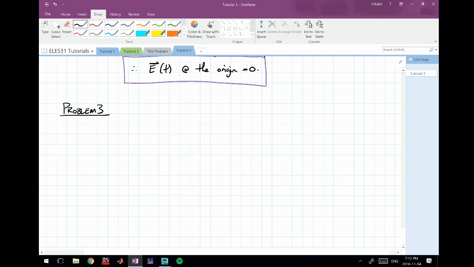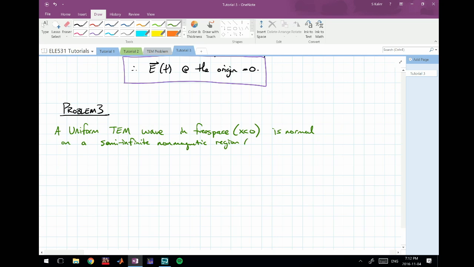Okay, so it tells us we have a uniform TEM wave in free space, which is x less than 0, normal on a semi-infinite, non-magnetic region.